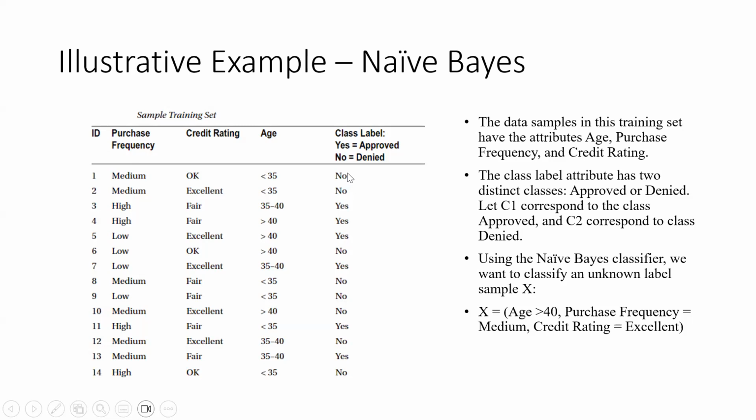So we have the credit rating, the age of the person, and information on how frequently somebody purchases items and whether they were approved for credit or not. Basically, this is what we have. The data samples in this training set have the attributes of age, purchase frequency, and credit scoring. Are we all okay with the information we have here?